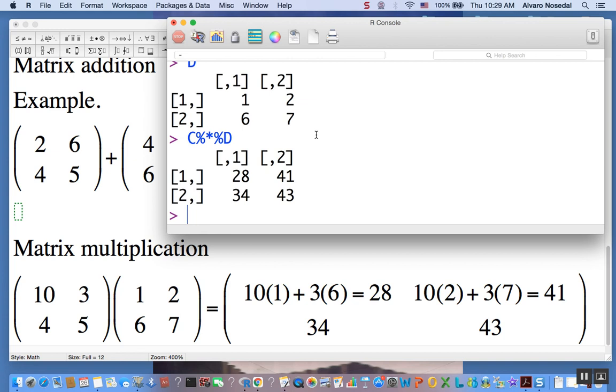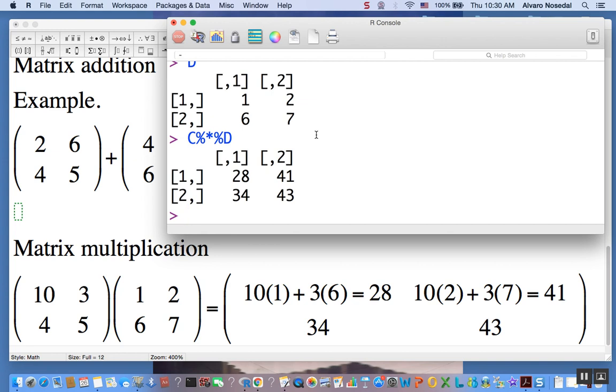Moreover, sometimes one of these products doesn't exist, because what we need is for the matrices involved in the multiplication to have the right dimensions. I'm going to say something about those right dimensions in just a second. But anyway, remember, order matters when you're doing matrix multiplication. Mathematicians would say that matrix multiplication is not commutative.